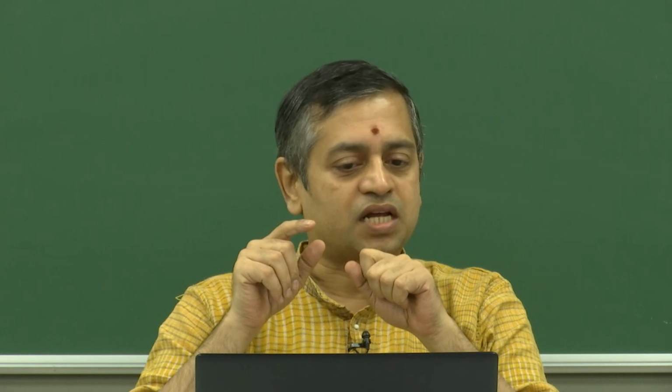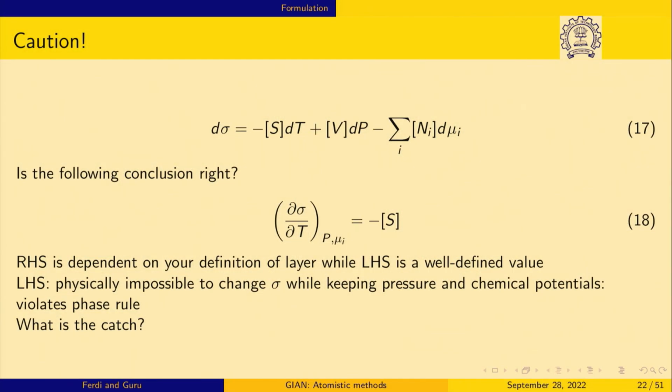But what is the problem? What is the catch? The catch is that if you try to change only temperature, keeping the pressure and chemical potential constant, it violates the phase rule. So, if you want to change sigma by changing temperature, you also have to correspondingly change pressure and chemical potential in such a way that things are kept at equilibrium.